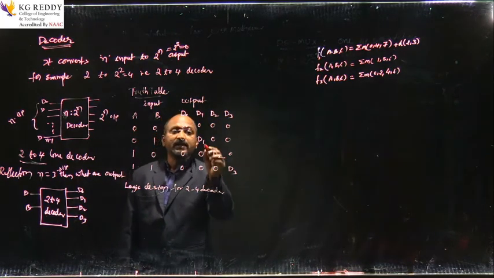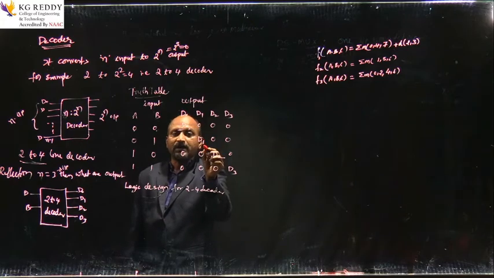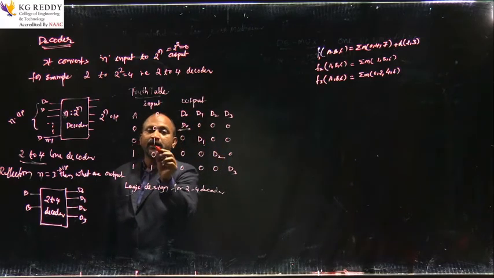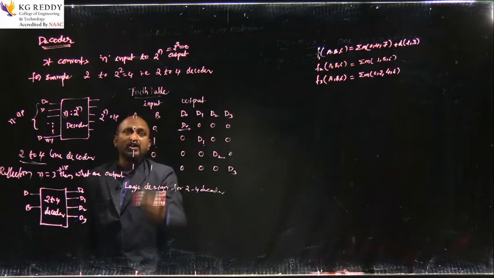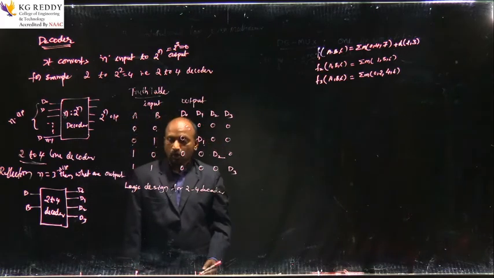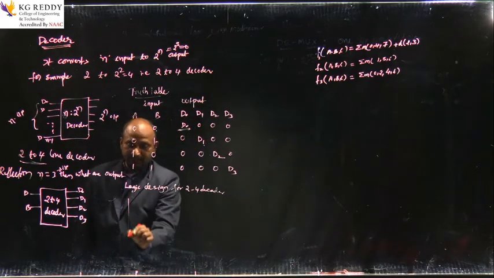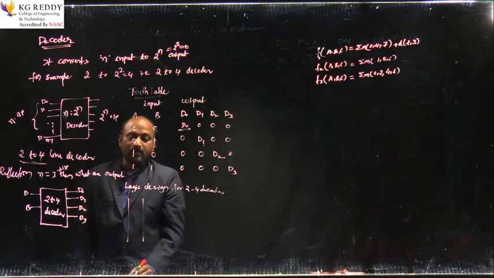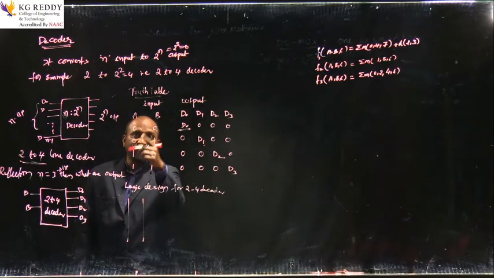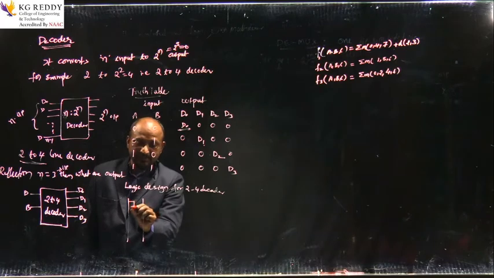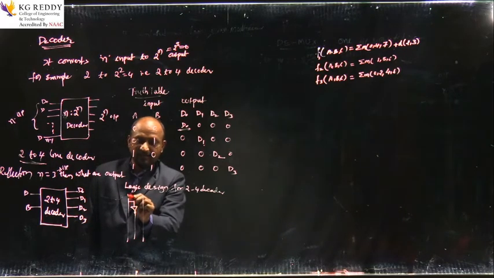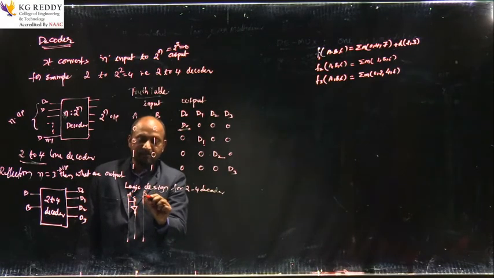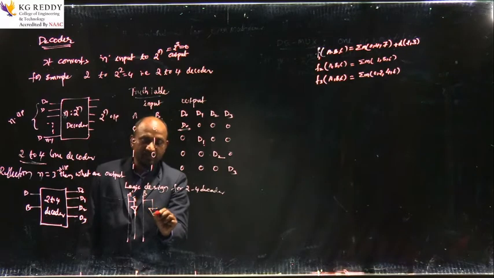Similarly, when it is A bar and B. A and B are the inputs, and the combinations are A bar, B, and B bar.